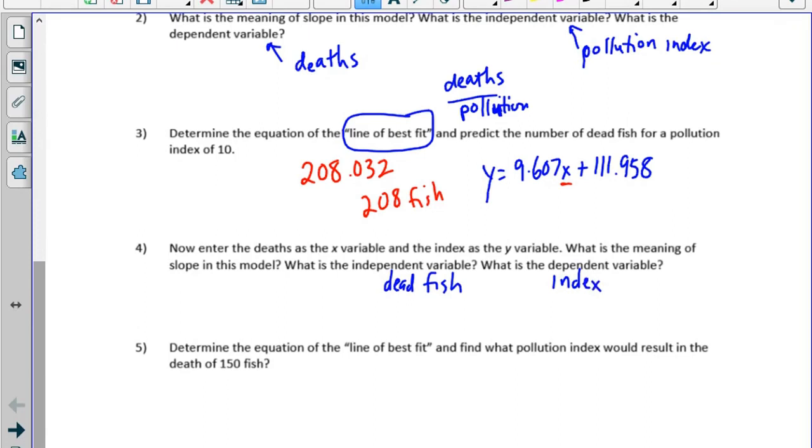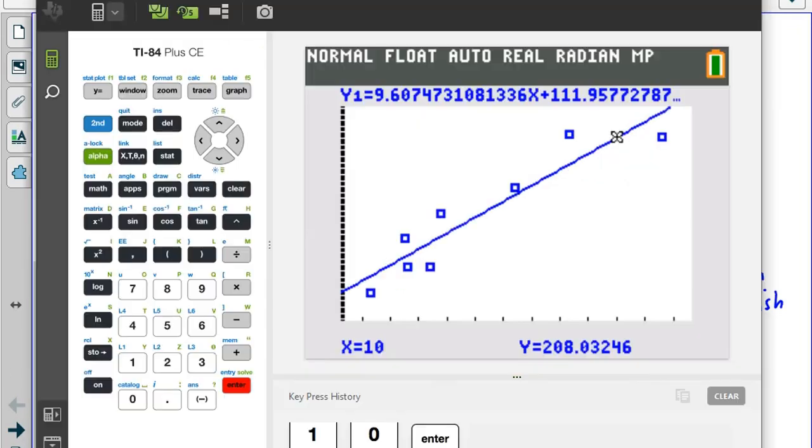Then in that case, the slope would be the increase in pollution index for every increase in dead fish. So that would be the slope in this particular case. You do not have to retype everything if you did that.